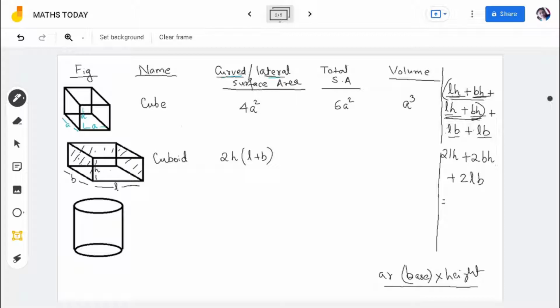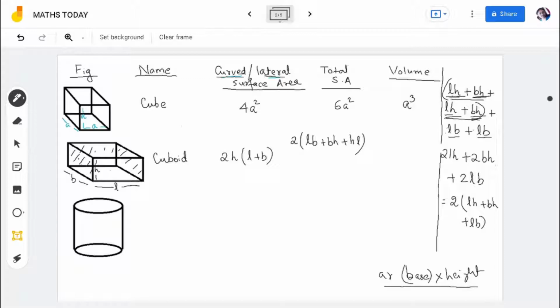We can take common 2 only, and we are left with LH plus BH plus LB. So this is the formula for finding out the total surface area. So I am rewriting here. The total surface area of cuboid is 2 into LB plus BH plus HL. So this is the total surface area for a cuboid.